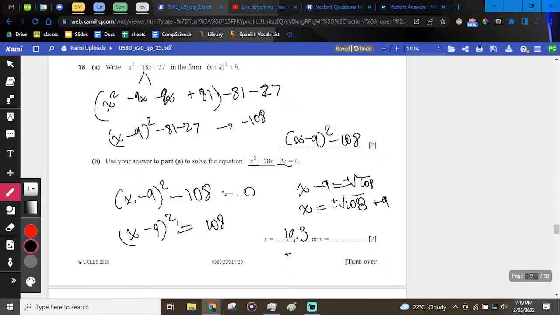If I have the negative value of the square root of 108, plus 9 giveth me... That's not right. Oh, yes, it is right. Boom.